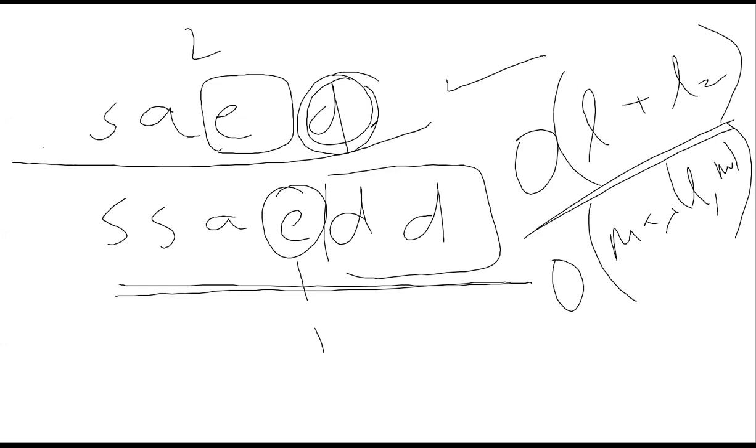And the space would be O of 1? Space is constant because I'm just using two variables, which will store the counts.